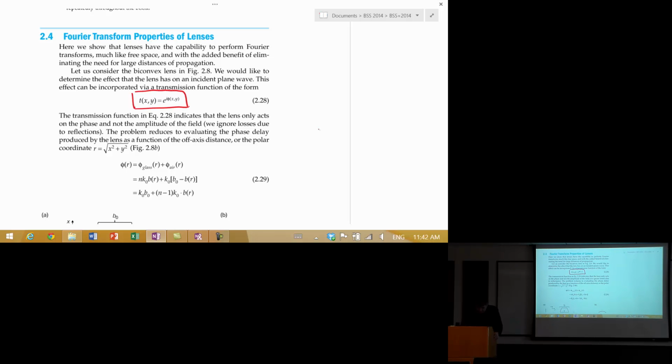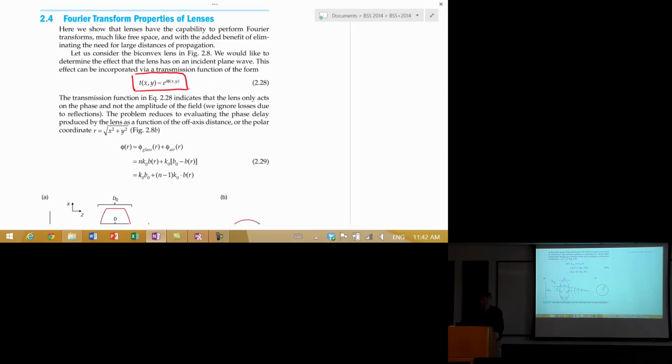So let's imagine I have a transmission function of the lens that looks like e to the i phi of x, meaning if I have a plane wave incident on a lens, this is a thick lens, and I start with a plane wave in front of the lens, the question is what will be the wave front right after the lens? Very simple problem, right?